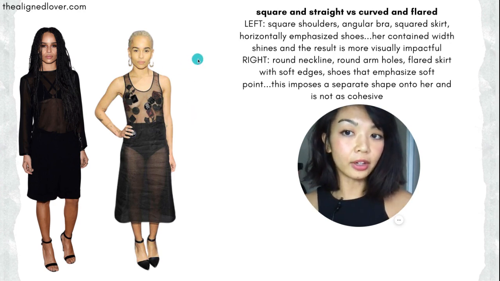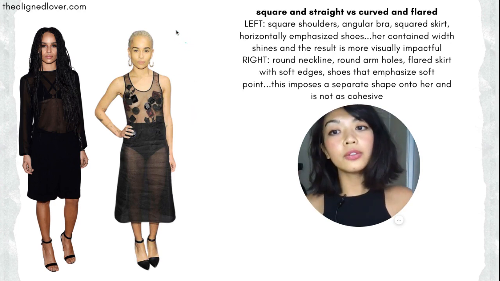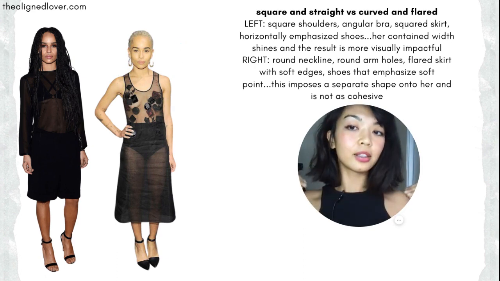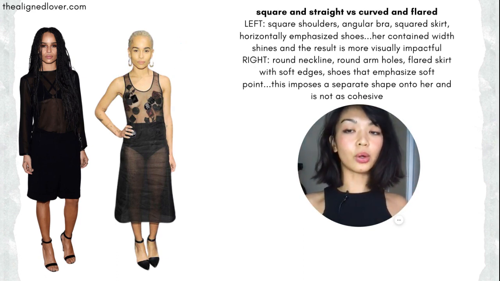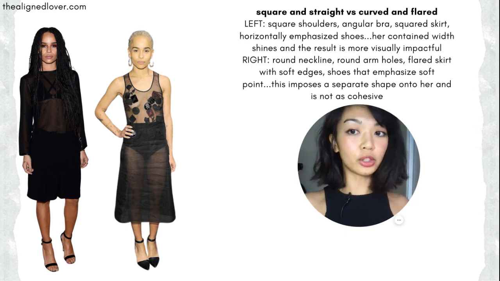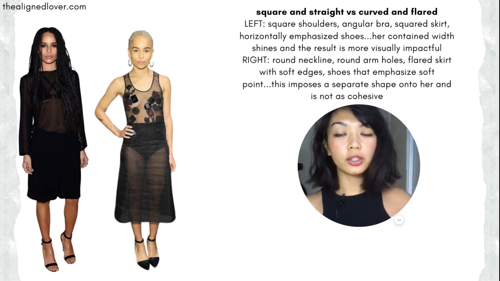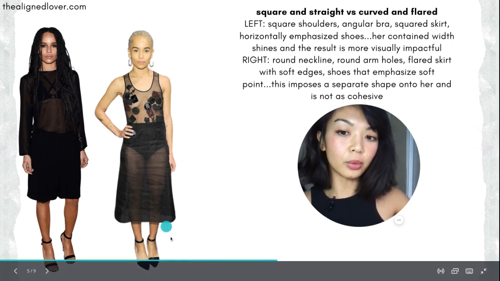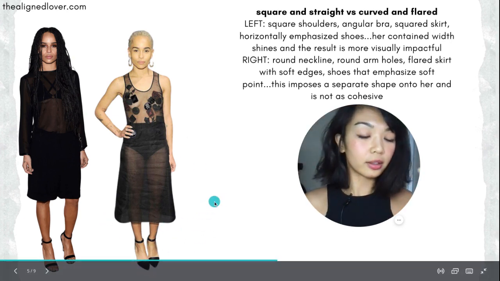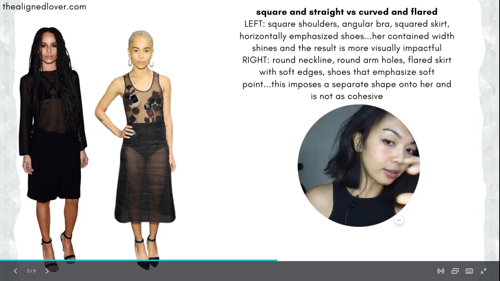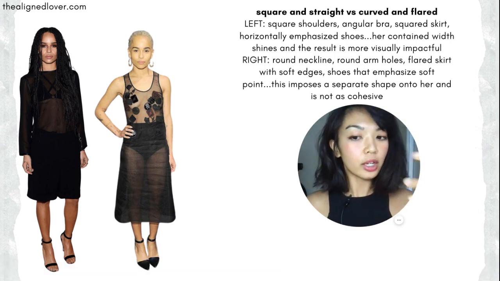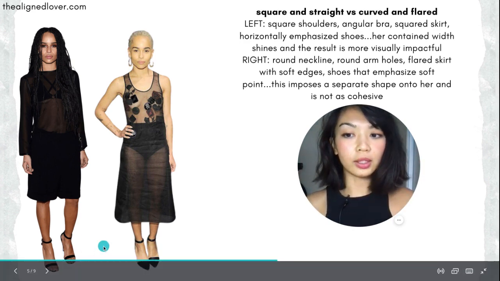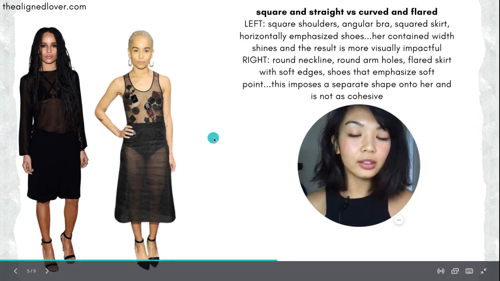Now for the outfit on the right, we have a very curved, rounded neckline that's digging into that beautiful shoulder line. So we're not seeing that gorgeous square shape of her shoulders. We have this gentle flaring of the skirt at the bottom. We have these shoes that are emphasizing more of the triangular toe shape, this more gentle look, as opposed to the clean horizontal lines.